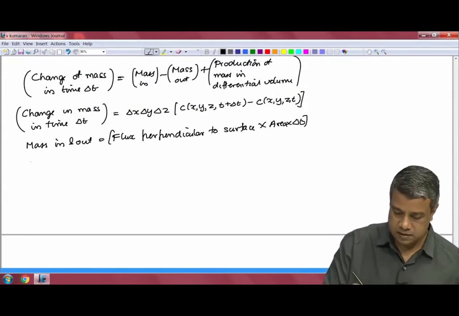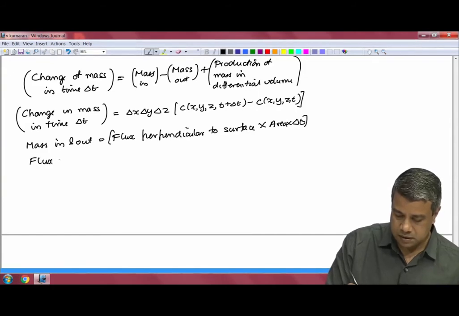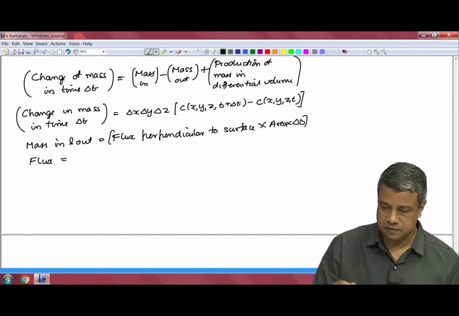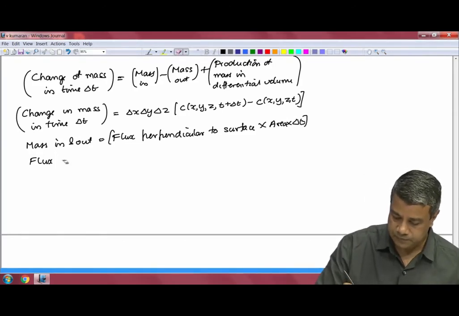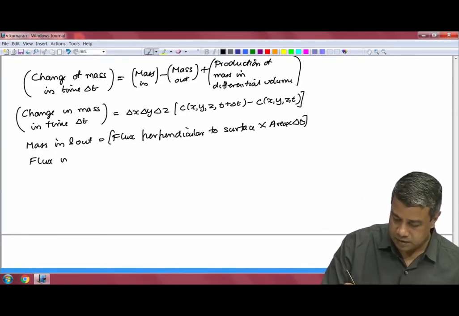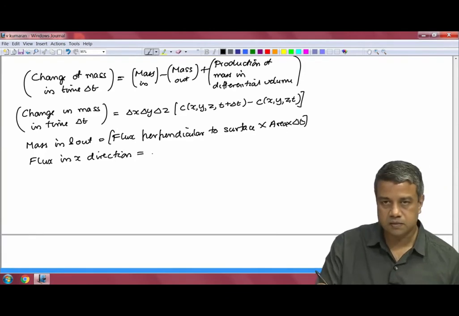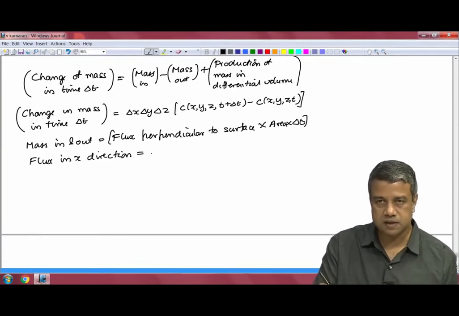And the flux consists of 2 parts. So, for example, flux in x direction consists of 2 parts: one is the convective flux.